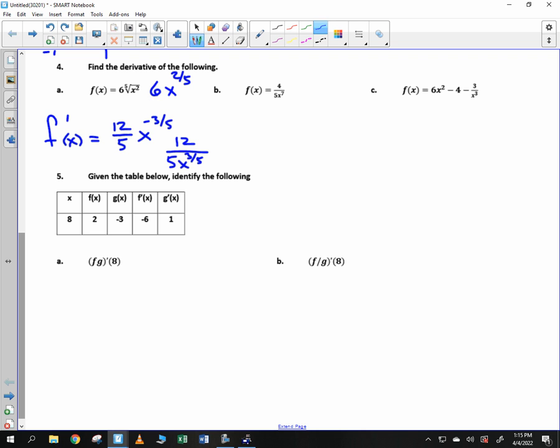This one I rewrite as what? How do you rewrite that? X to the negative 7th. Good. So what's the derivative? Negative 28 over 5, x to the negative 8th. Or negative 28 over 5, x to the 8th.